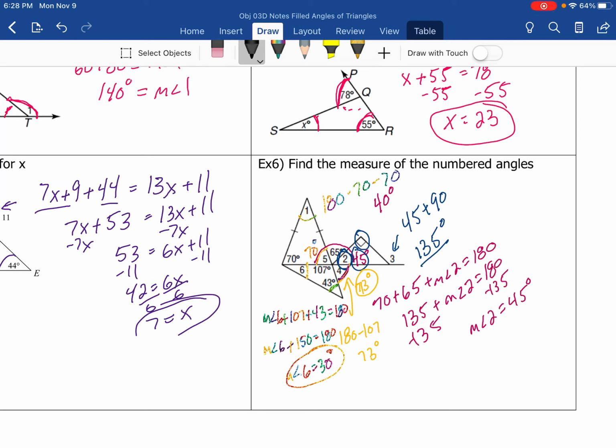So I'm just going to write all of this out. I'll just do a little boring. So measure of angle 1 was 40 degrees. The measure of angle 2 was 45. The measure of angle 3 was the 45 plus 90, which is 135 degrees.